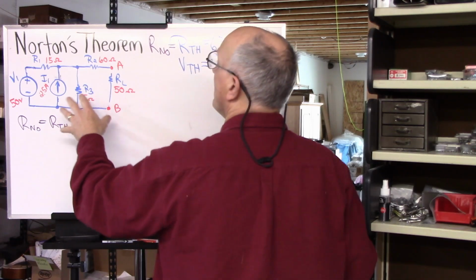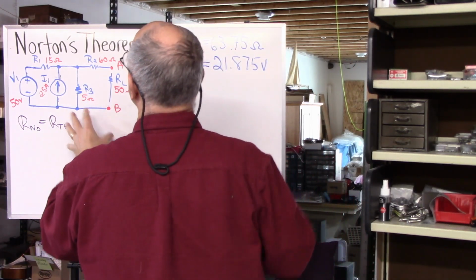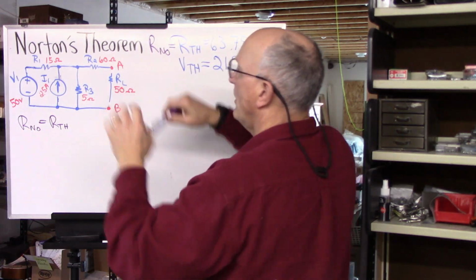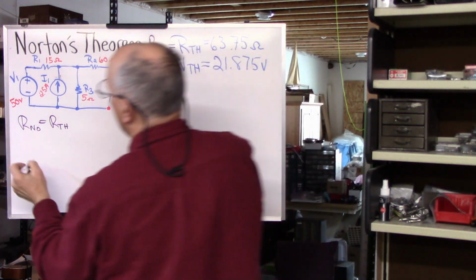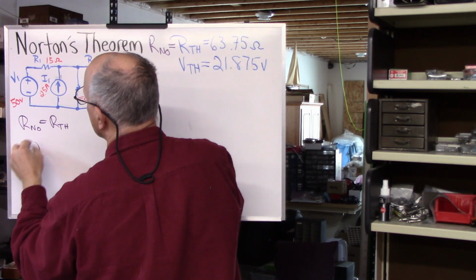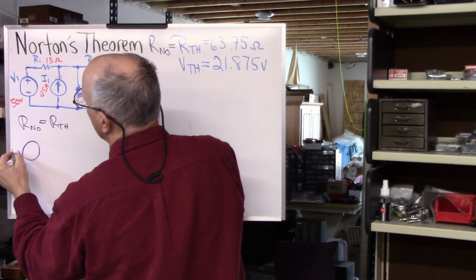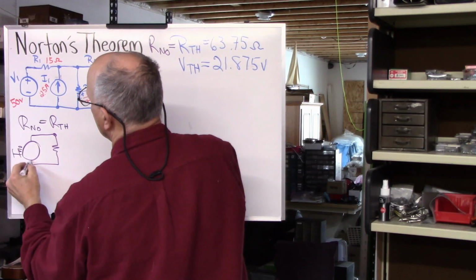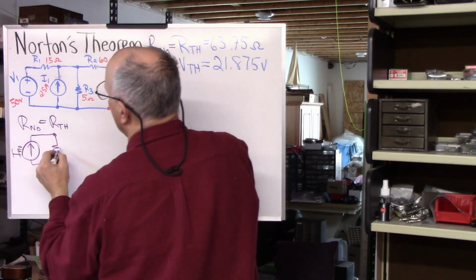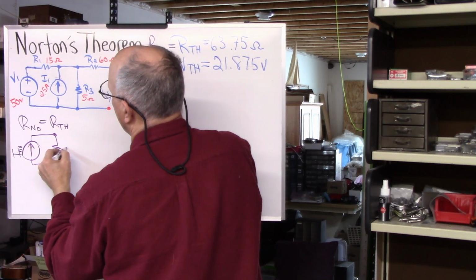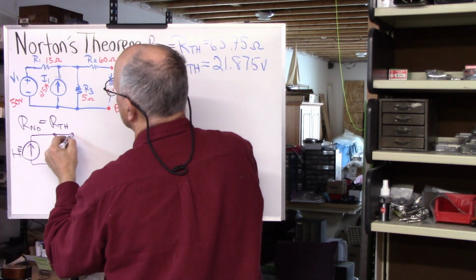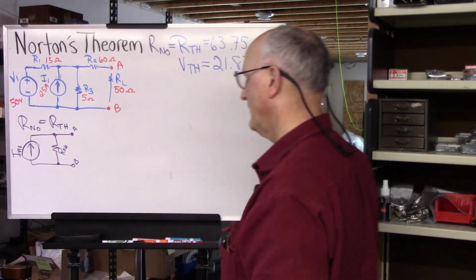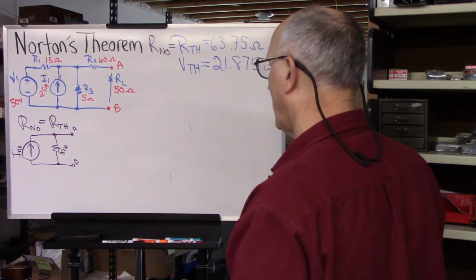Next, we are looking to replace all this stuff with a current source. Our goal is to end up with a current source, I Norton, in parallel with a resistor R Norton, and here's our point A and point B. And that's what our goal is.